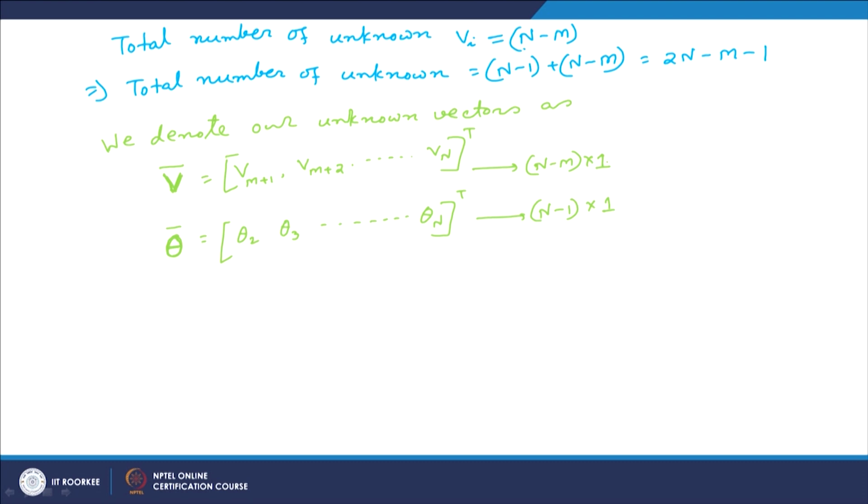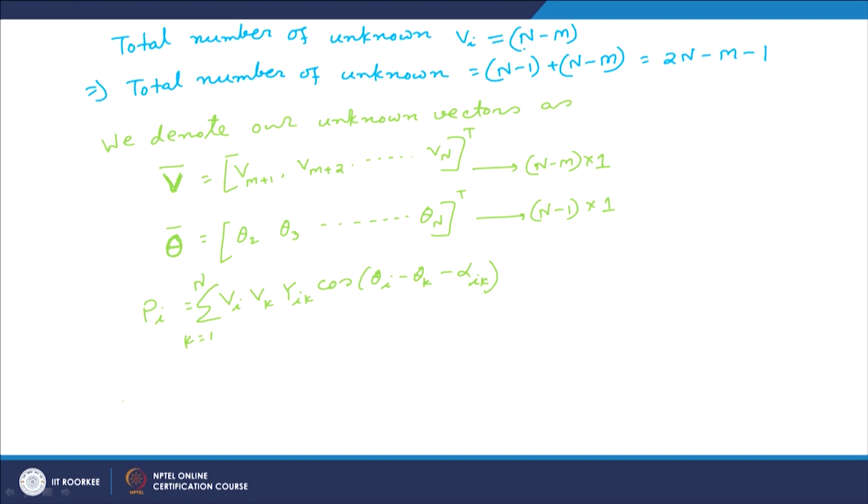Now, when we look at the expression of P i, again I write it: V i V k Y i k cos of theta i minus theta k minus alpha i k, summed over k equal to 1 to n. We can see that in this expression of P i, the quantities V m plus 1, V m plus 2, up to V n are already present, as well as theta 2, theta 3, up to theta n.